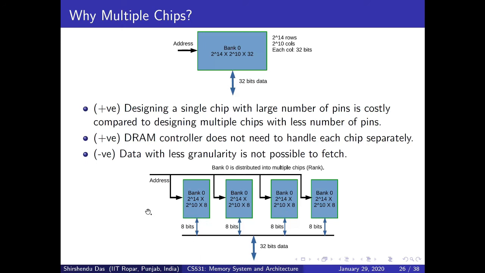The main advantage of this type of design is the lesser cost, because in the single chip design, the pin cost is more. And in this type of design, since the number of pins in each chip is less, the manufacturing cost of each chip is less. That's why normally a rank goes for this type of design. The rank has multiple chips.